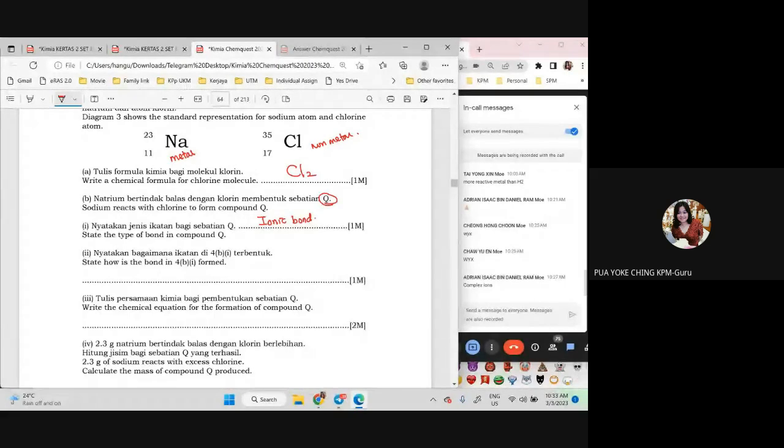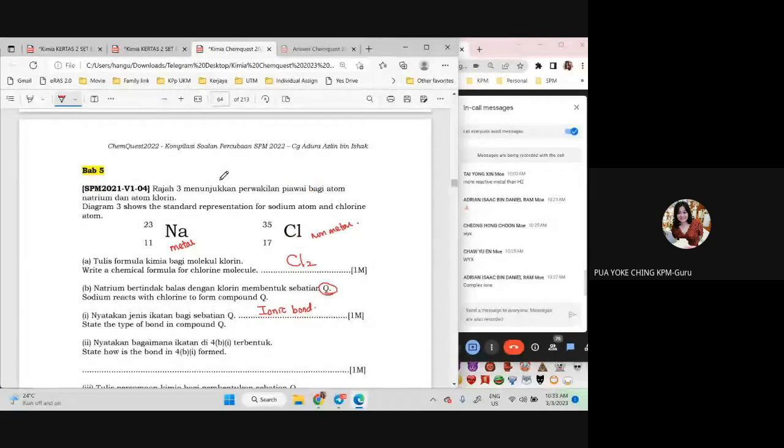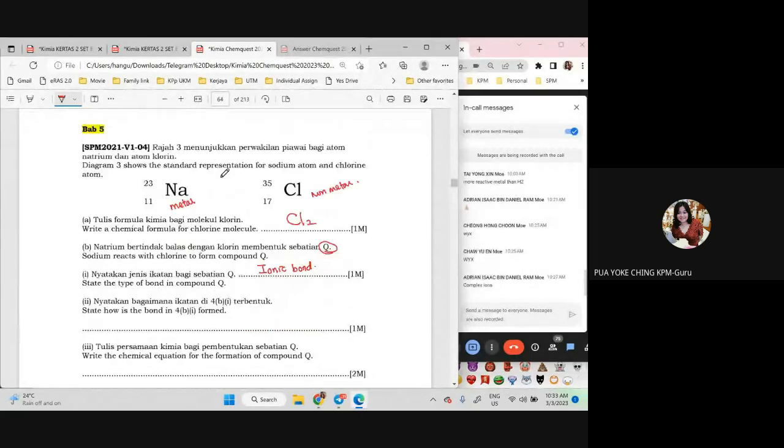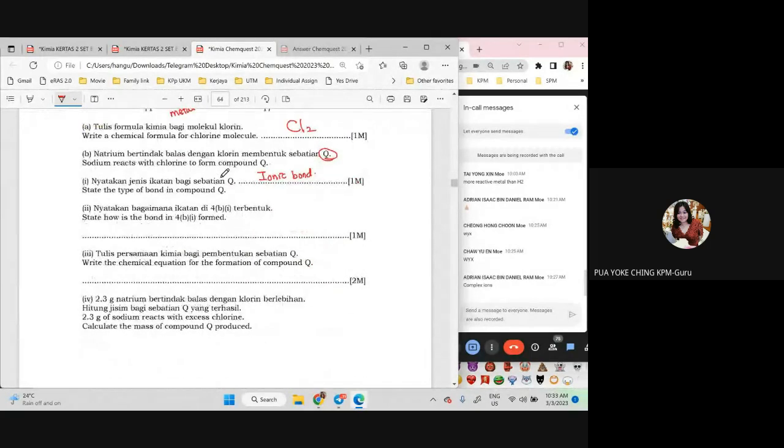How we are going to answer? State how the bond is formed. Because this is only 1 mark.